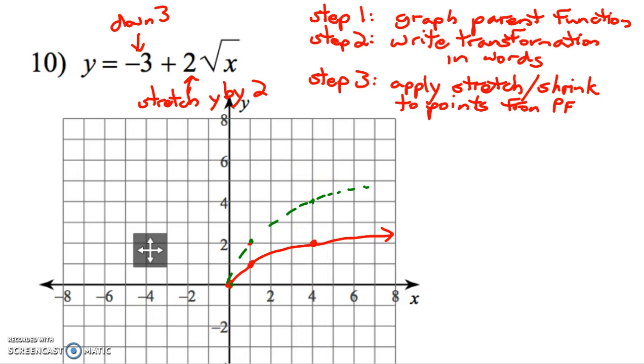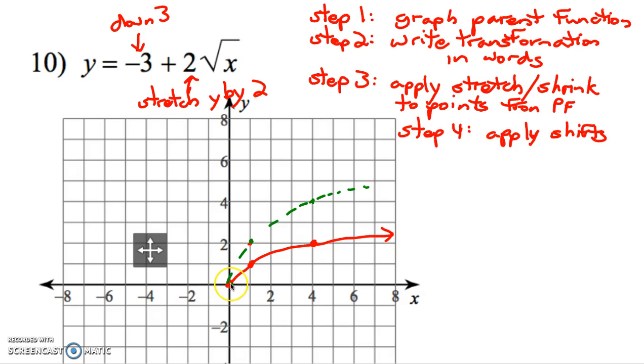But I'm not done, because step 4 is to apply any shifts. Any movements up, down, left, or right need to happen now. So I know that this moves down 3. I need to take each point on this intermediate graph that I drew, this green dashed one, and I need to move everything down 3. And so this is step 4.